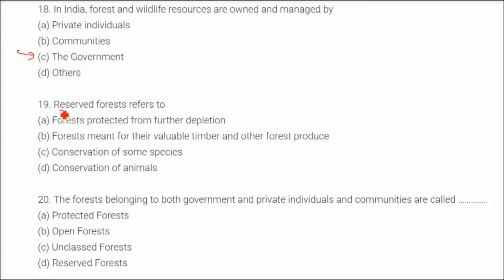Reserve forest refers to, the name itself suggests that it is a reserve forest. That means the answer is forests meant for their valuable timber and other forest produce. Is it that? Or forests protected from further depletion? Or conservation of some species, conservation of animals?